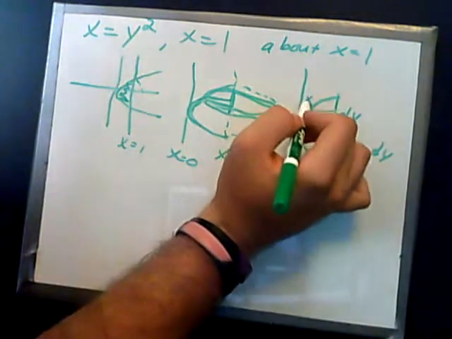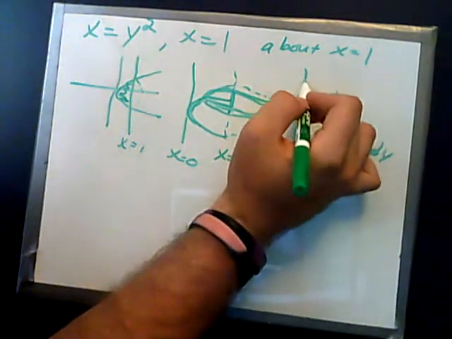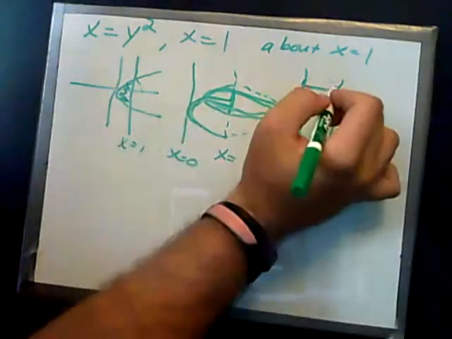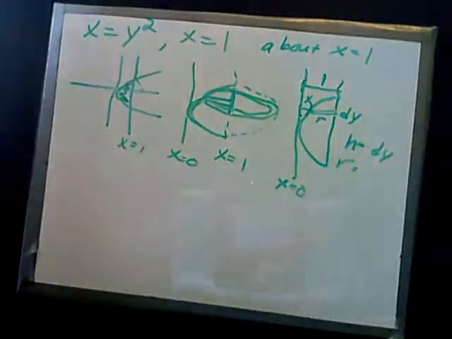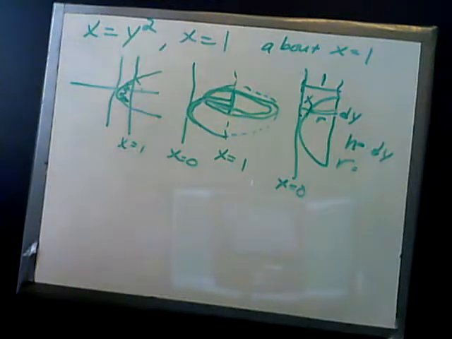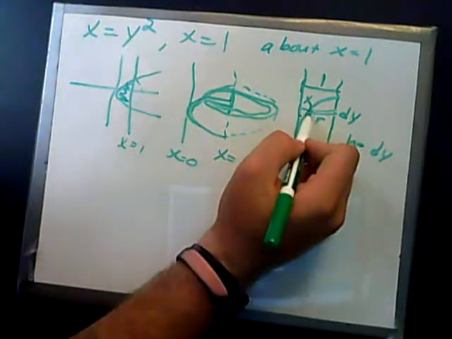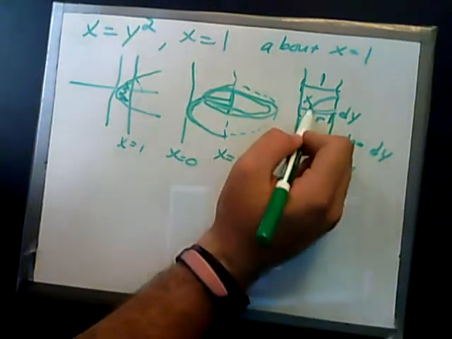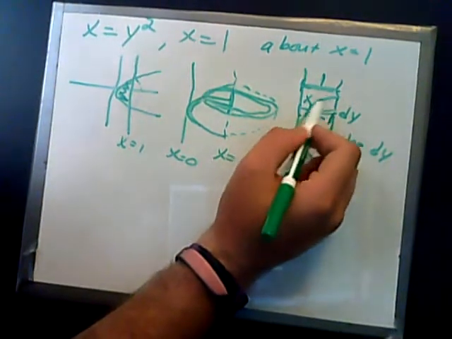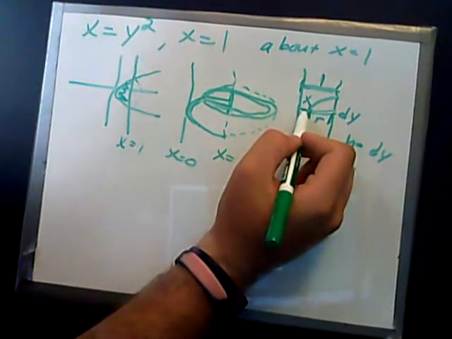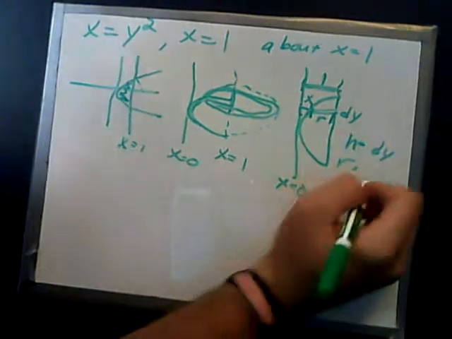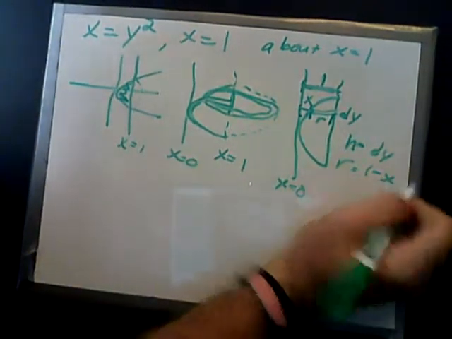Now the distance from the axis out to the line x equals 1 is always a fixed distance of 1. So this remaining piece in here, our radius, is just going to be this big part, which is 1, and subtract the smaller part, which is x. So our radius, we're going to call 1 minus x.